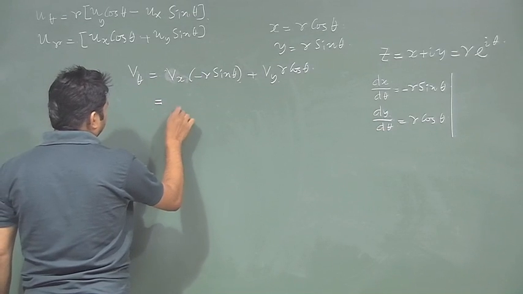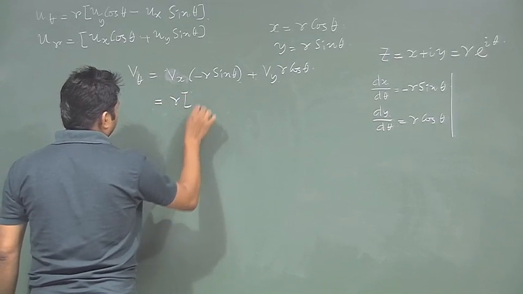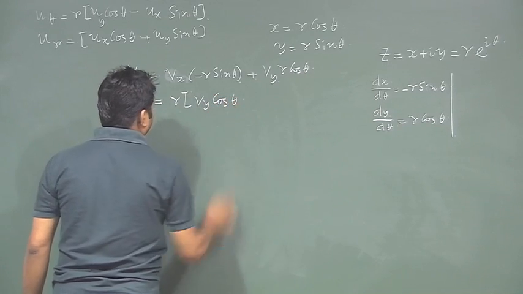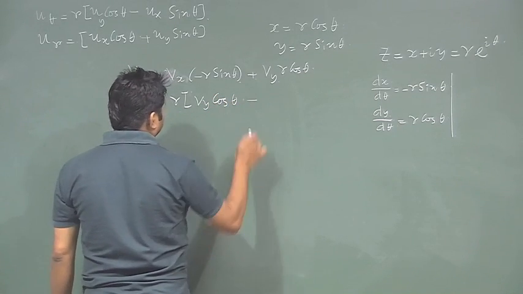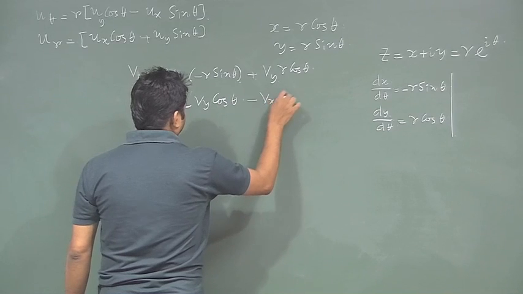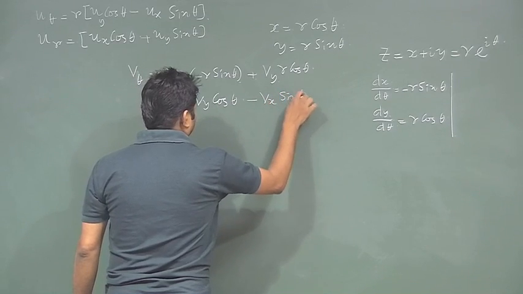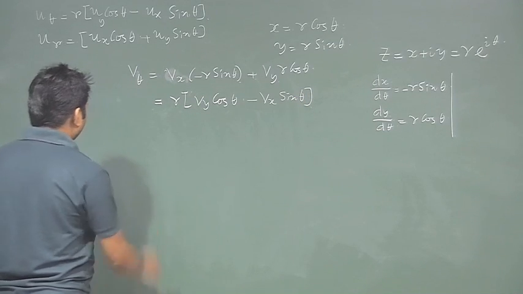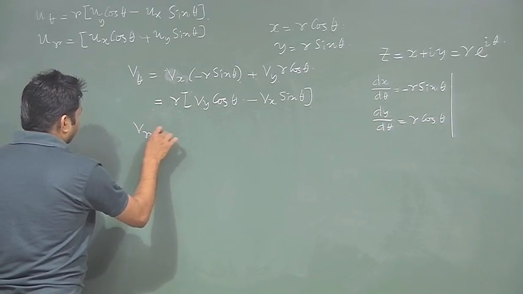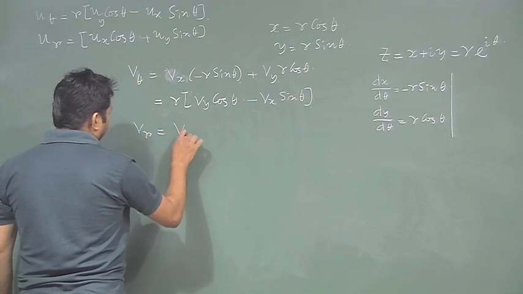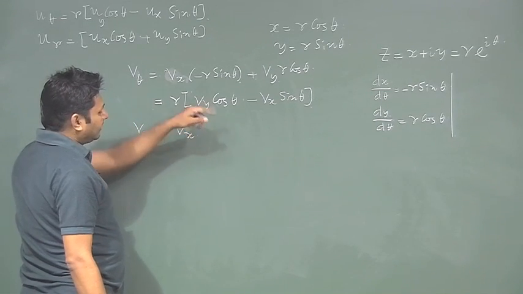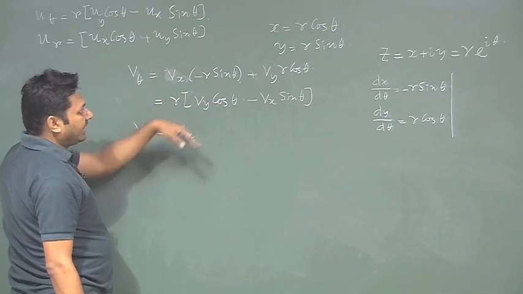So it is r times vy cos theta minus vx sin theta. What about vr? vr is vx into dx dr. I am doing the same thing, so that is why I am not writing explicitly.